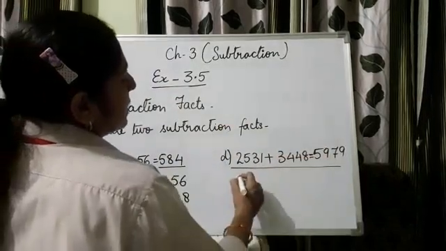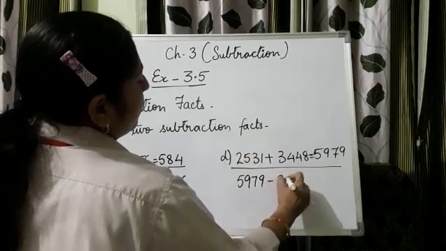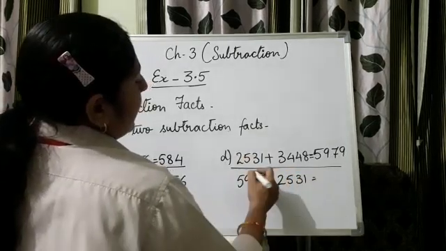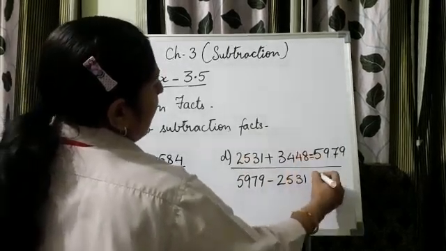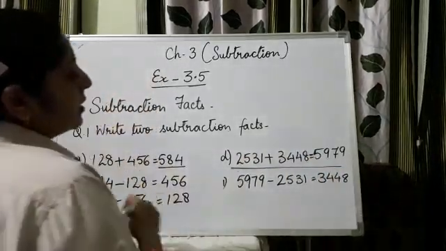That is, when the sum deducts one of the addends from it, you get the difference as the other addend. This is one fact.